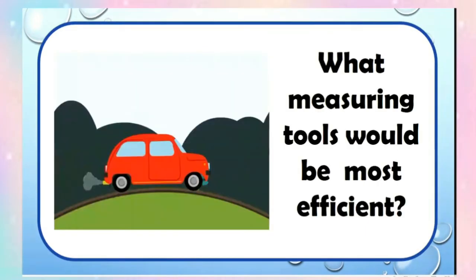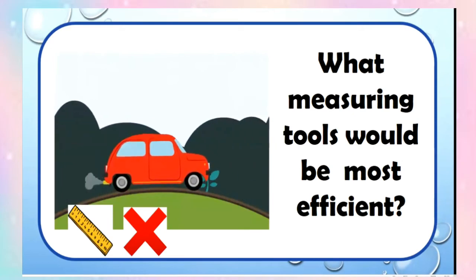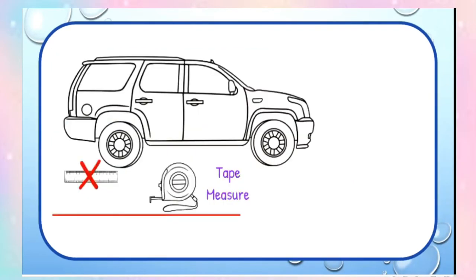Just like here, what measuring tool would be most efficient? Can we use a ruler for measuring the car? It's bigger, right? If it's a bigger thing, can we use a ruler to measure it? No, we cannot. How about a tape measure? Of course, yes. That is the appropriate tool for measuring bigger objects.